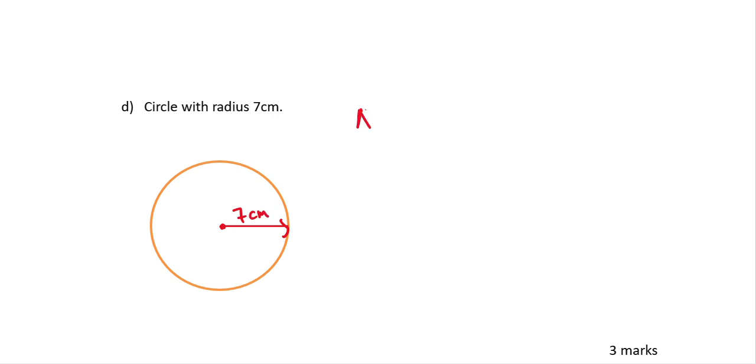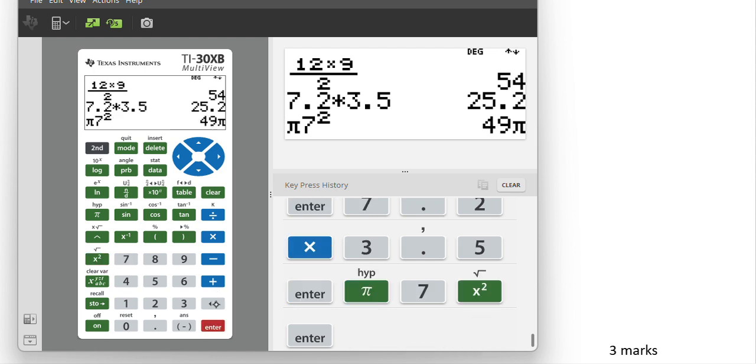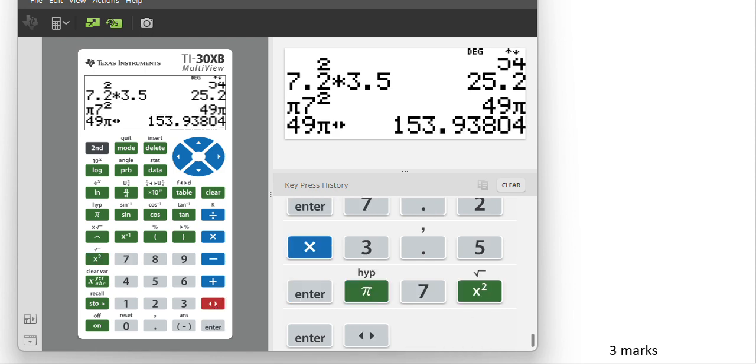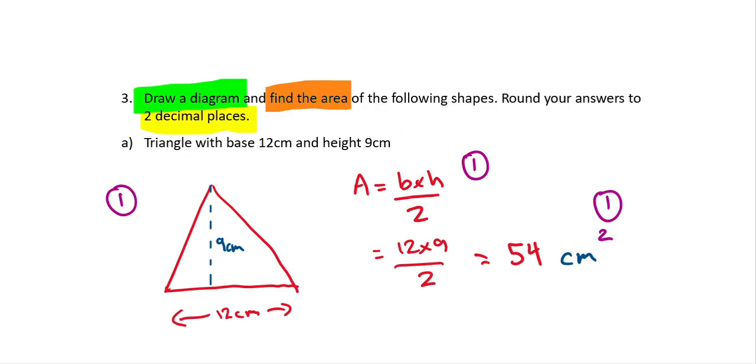Our formula for the area of a circle is pi r squared. And we are already given the radius, so we can just substitute our value of 7 in. This gives us 49 pi. And if we type that inside the calculator and press the double arrow button, it gives me 153.94 centimeters squared.